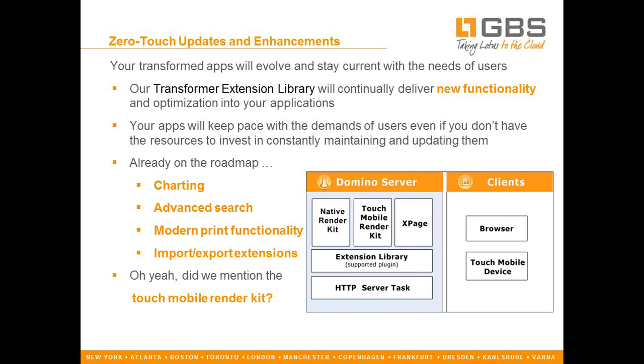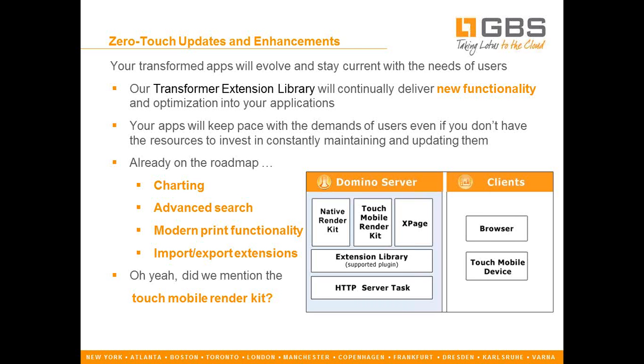So once you've transformed your applications, we're going to release new functionality for them on a regular basis, and some of that functionality that is already on the roadmap includes charting, advanced search capability, modern print functionality, and, for example, import-export extensions. What does that mean?